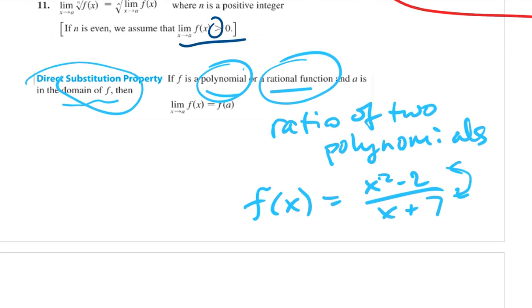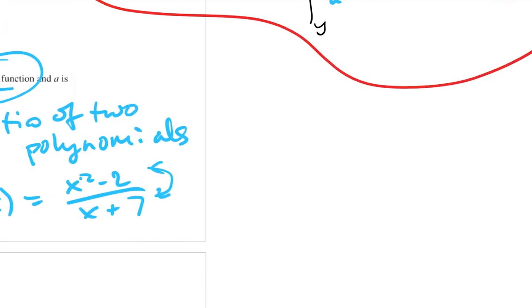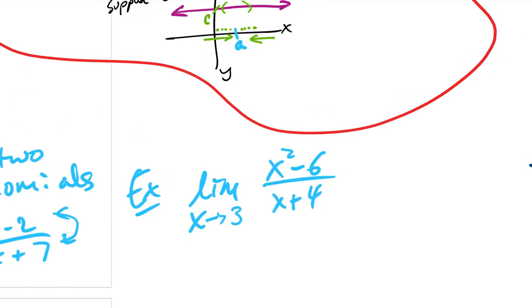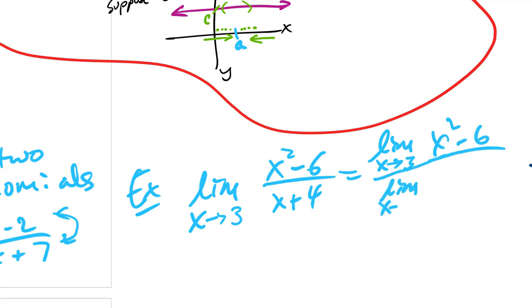So if that's the case, if you have a polynomial or a rational function, your limit can just be plugged in. Okay, so for example, if you have the limit as x goes to, let's say, 3 of x squared minus 6 over x plus 4, you can just plug the 3 in. This just becomes the limit as x goes to 3 of x squared minus 6 over the limit as x goes to 3 of x plus 4.